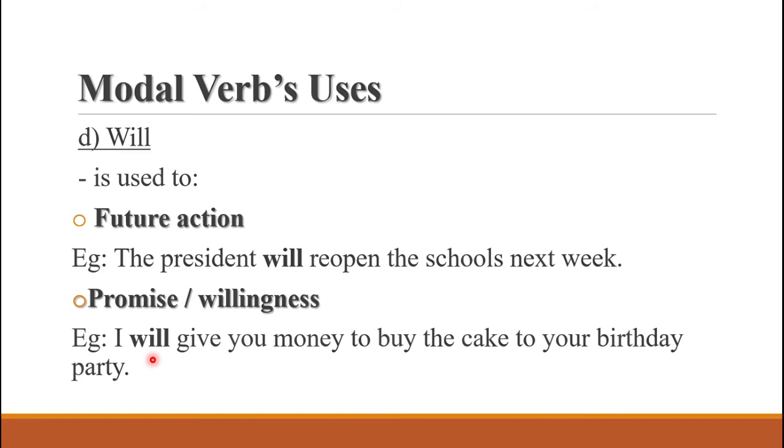Eu te darei dinheiro, para comprares o bolo para a tua festa de aniversário, não é? So, we use it also to promise. I will give you money. Do you understand?